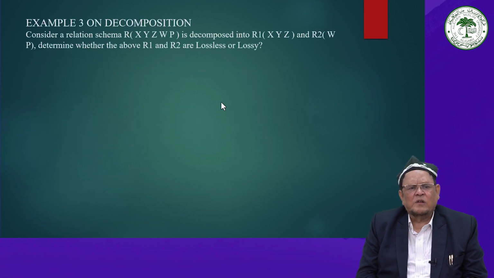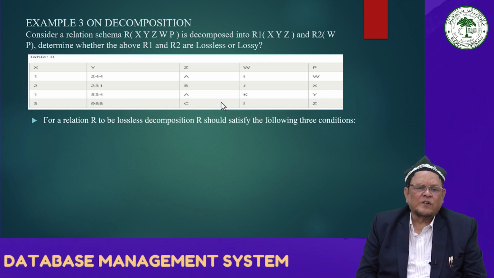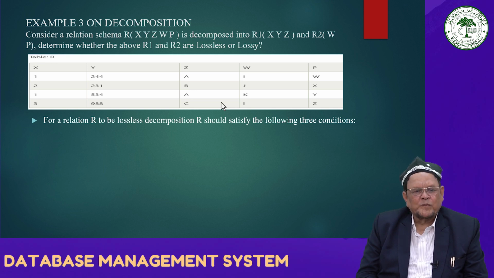And the third example: consider relation schema R(X, Y, Z, W, P) decomposed into R1(X, Y, Z) and R2(W, P). Determine whether R1 and R2 are lossless or lossy. On the screen you can see the table X, Y, Z, W, P. For relation R to be a lossless decomposition, R should satisfy the following three conditions.